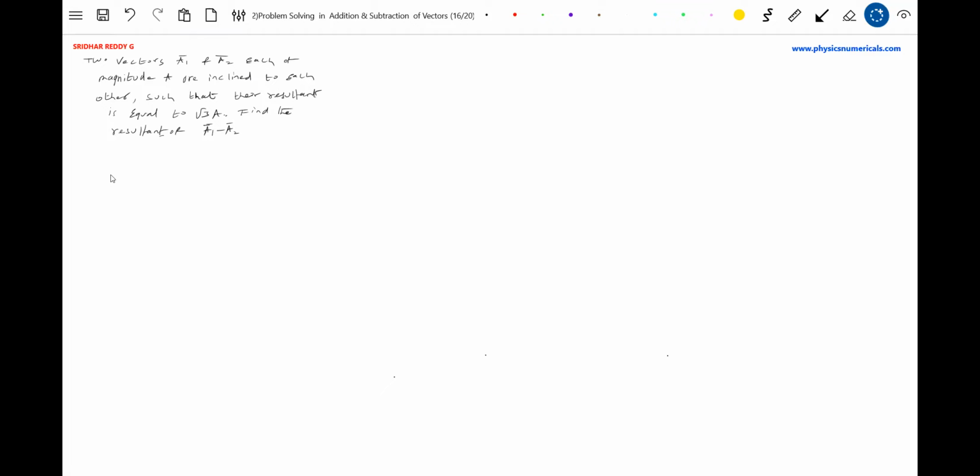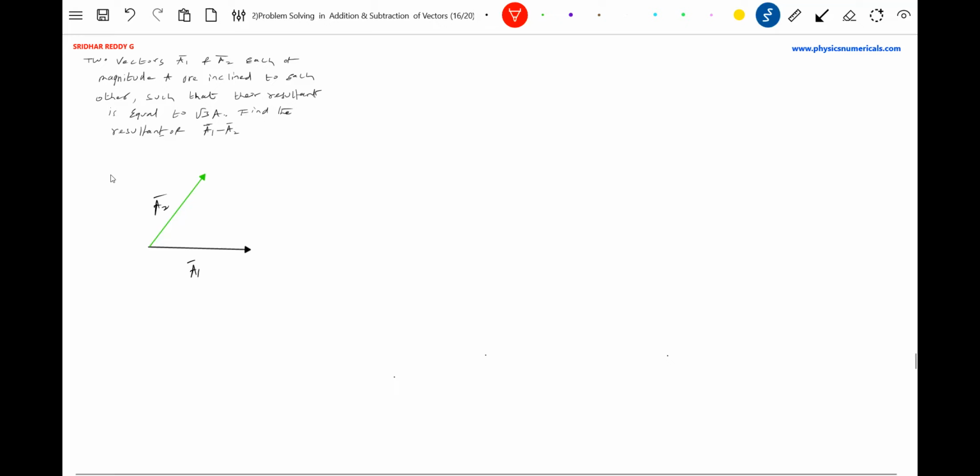Initially the two vectors are there: a vector A1 bar and a vector A2 bar, such that the resultant is root 3A.